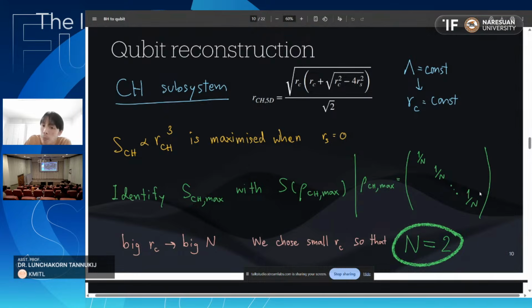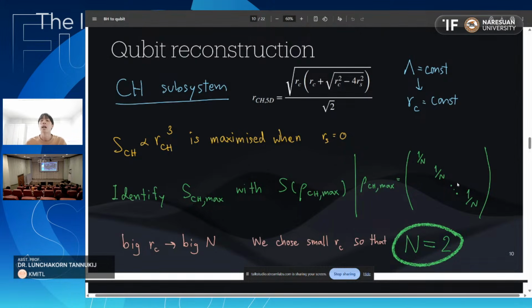Since this form gives maximum entropy, and when you take RS to 0 your cosmological horizon entropy is maximized, I'm going to identify these two systems with entropy, just like this. Basically, it means that when the cosmological horizon entropy is maximized, it should be described by this kind of density matrix, rho CH max, the green one.